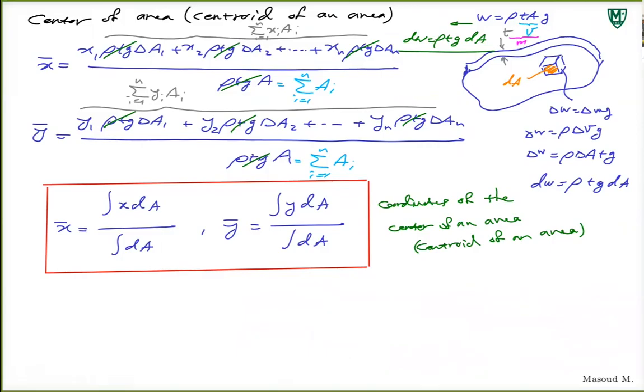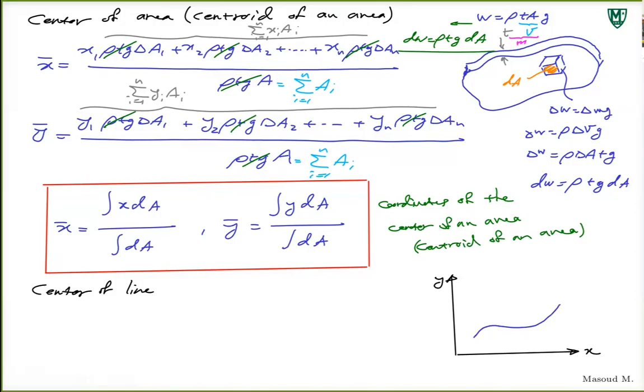Center of a line, I don't really try to prove it, but if you have just a simple line, let's say we have x and y here. You have x, you have y there, and you have some simple line here.